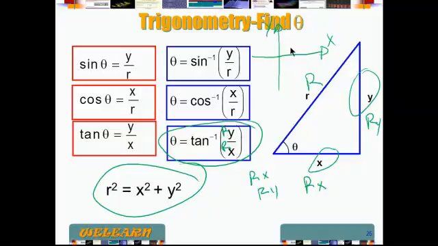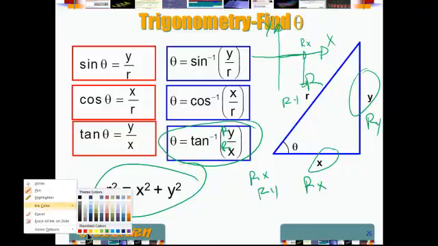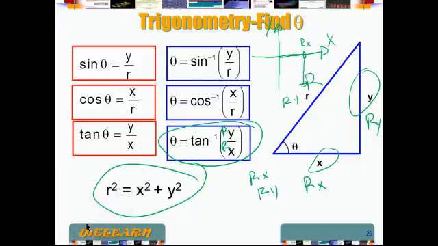Let's assume that Rx is positive. So this is my Rx, and let's assume Ry is negative. So this is my Ry.